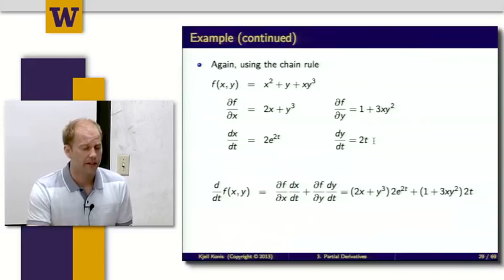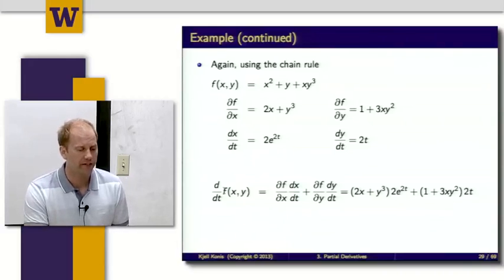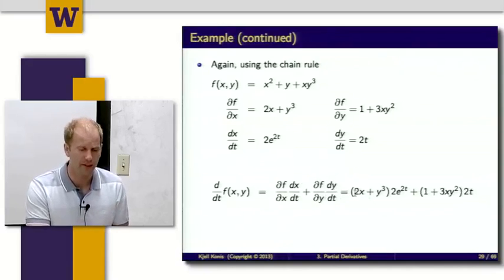And so now my expression for the derivative with respect to t of f of x, y was the partial of f with respect to x times the derivative of x with respect to t, plus the partial of f with respect to y times the derivative of y with respect to t.